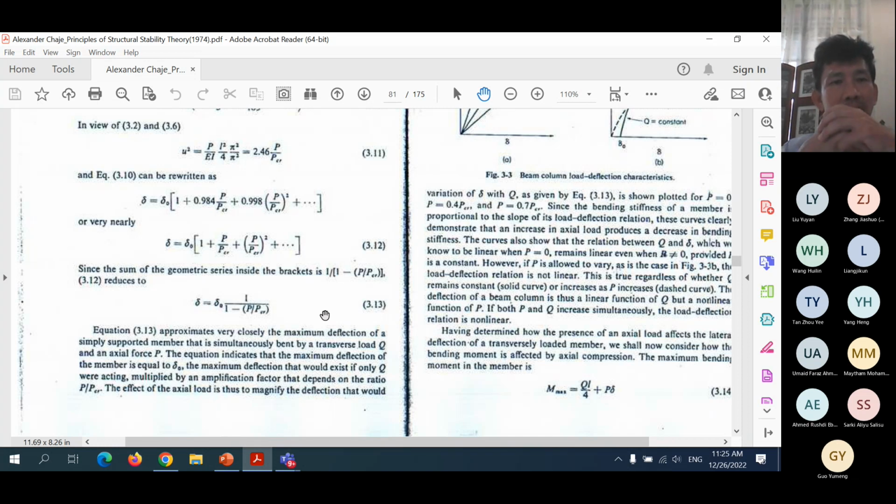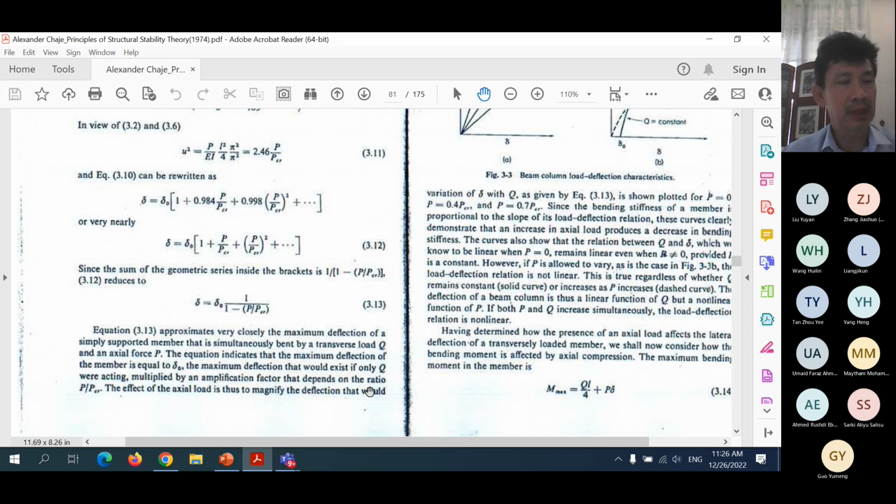So what equation 3.13 tells us is that the maximum deflection of the member is equal to delta 0, the maximum deflection that would exist if only Q were acting, multiplied by an amplification factor that depends on the ratio. So this is one of the main points that you need to keep in mind.